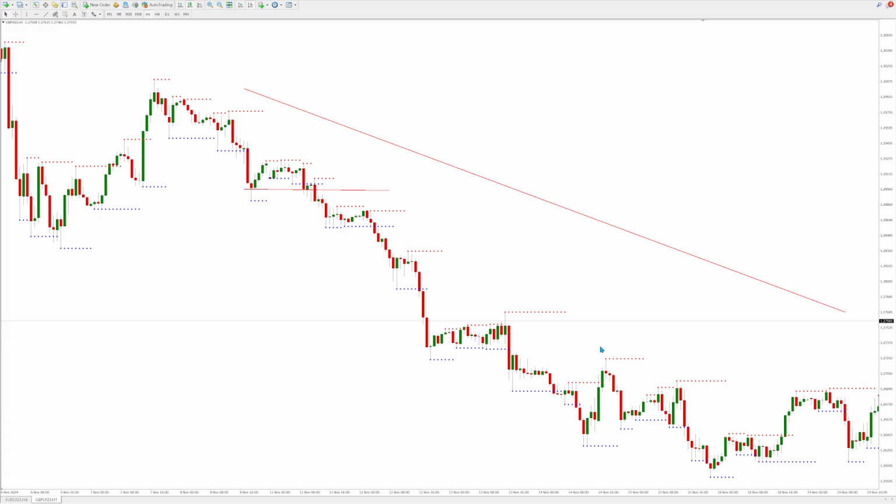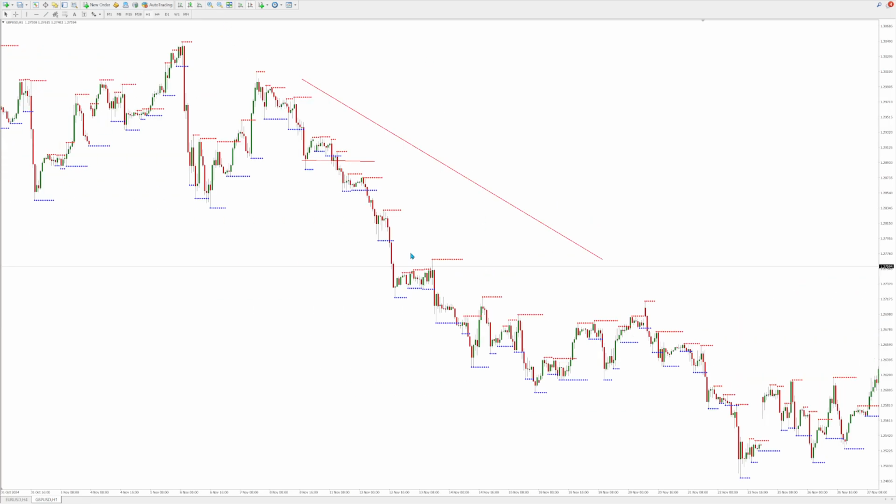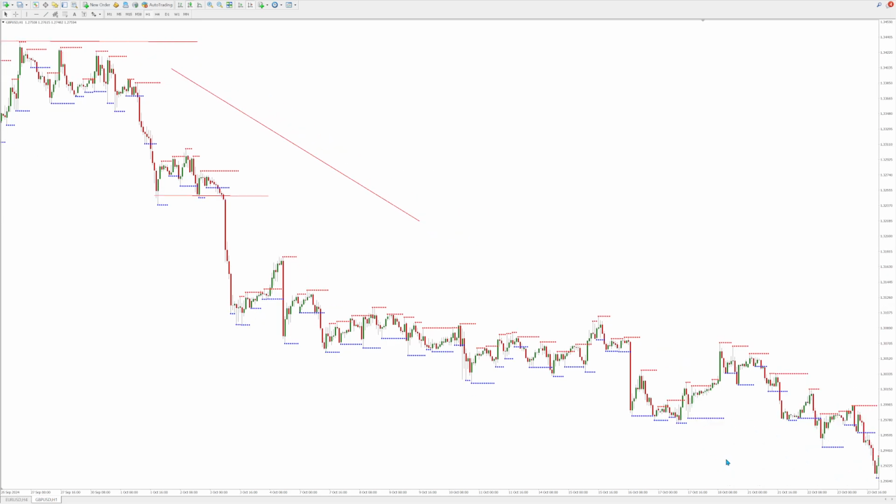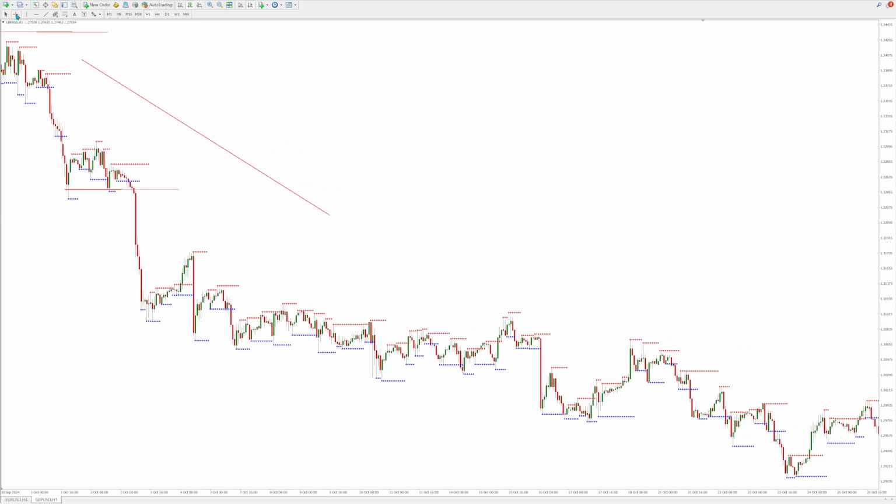So with this indicator, I'm just trading breakouts in line with the trend, having good discipline, having a trading plan and sticking to it, not having a fixed take profit because I want to take as much out of the market as possible. Stop loss above a recent high or a recent low. So this breakout, stop loss just above this high here, 20 pips. And another good trade for over 300 pips in this instance.